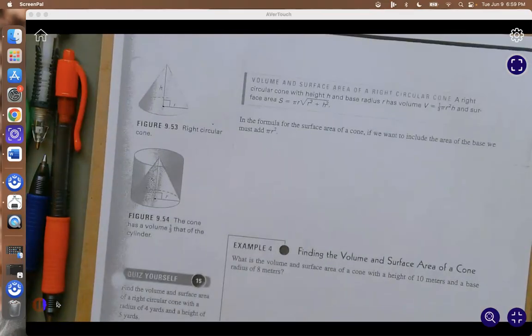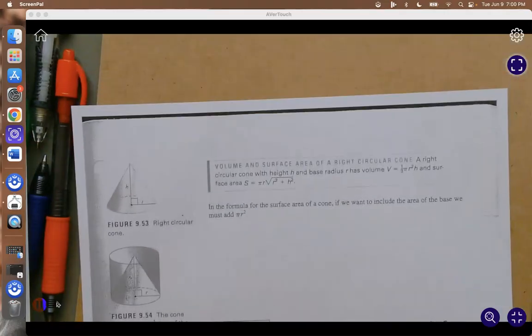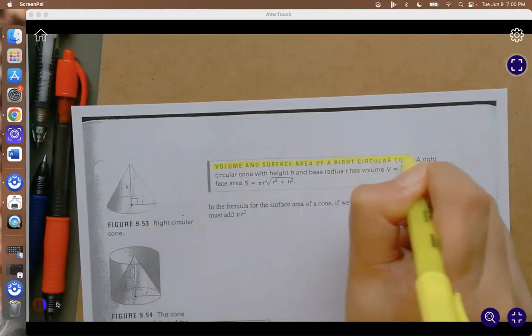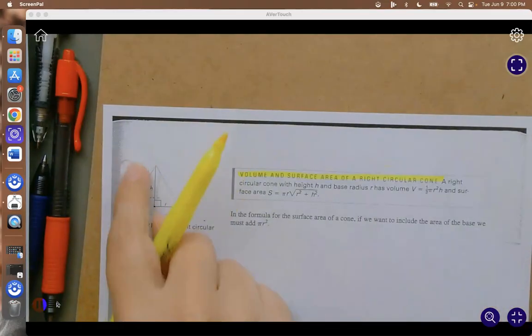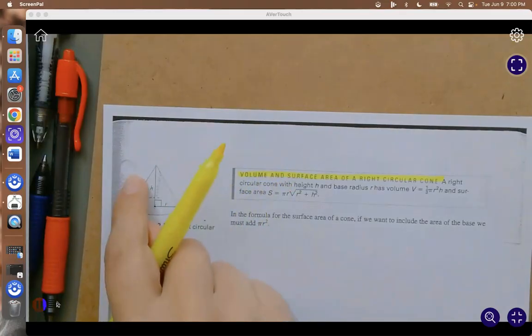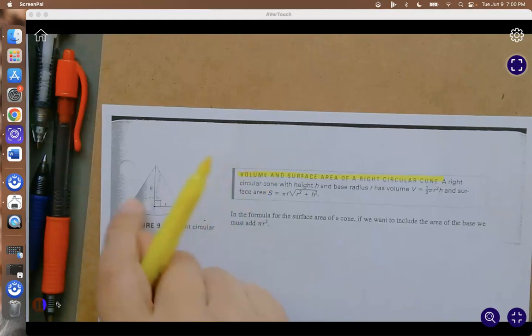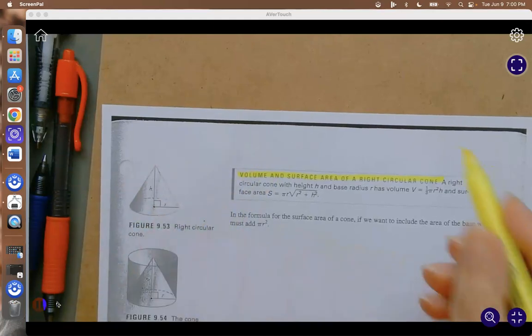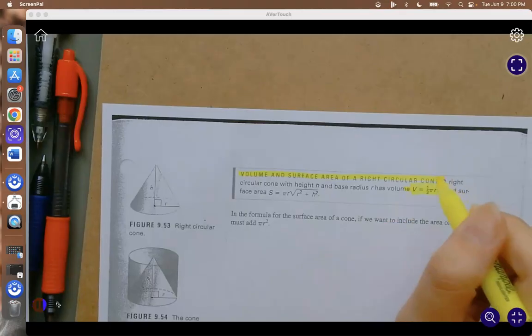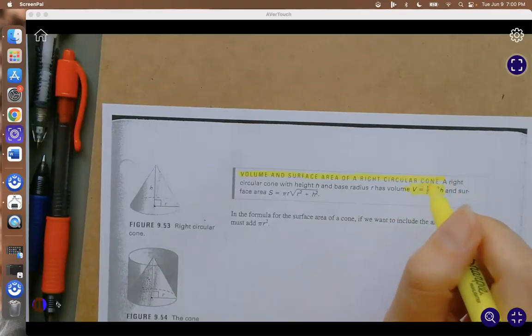All right, so the volume and surface area of a cone. Because a cone is 1/3 of a cylinder, because you're cutting out this and this, which are also parts, your formula is 1/3 pi r squared h.